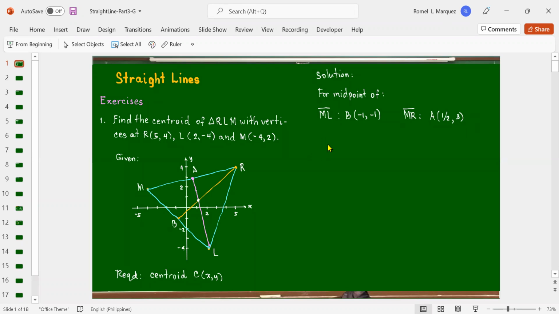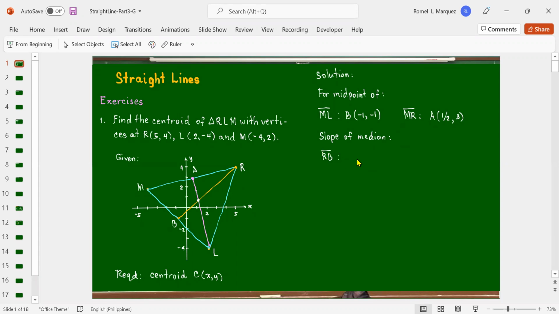What about the slope of the median, no? Let's start with median RB.